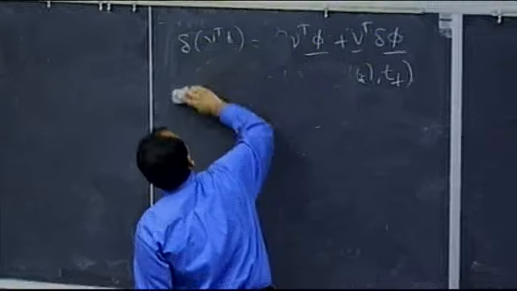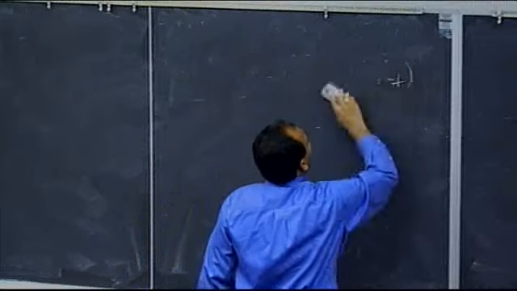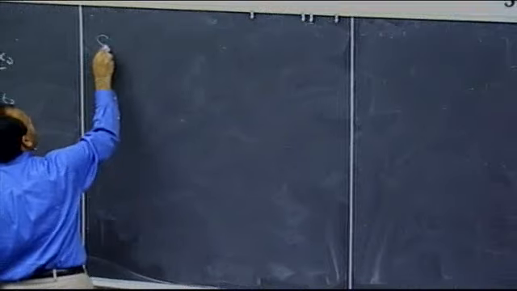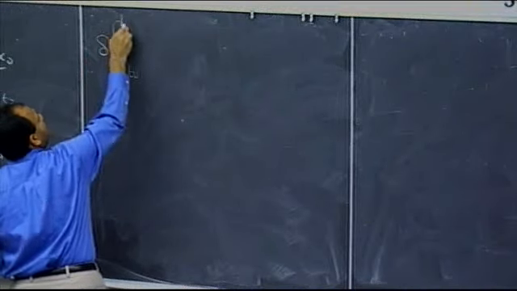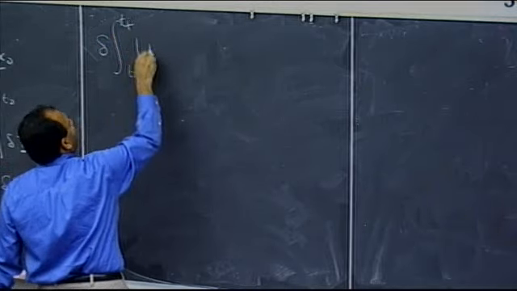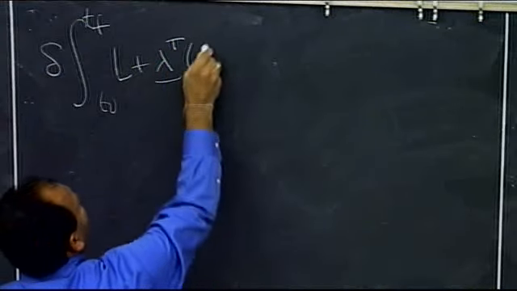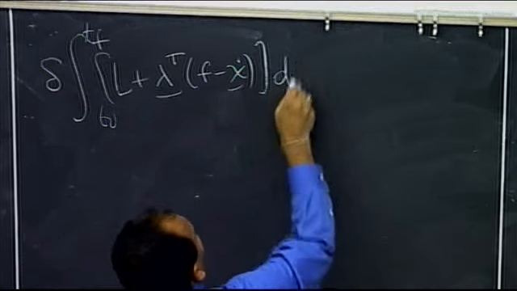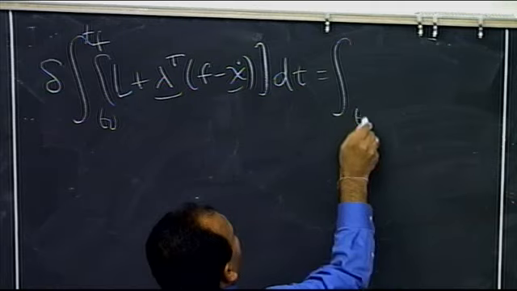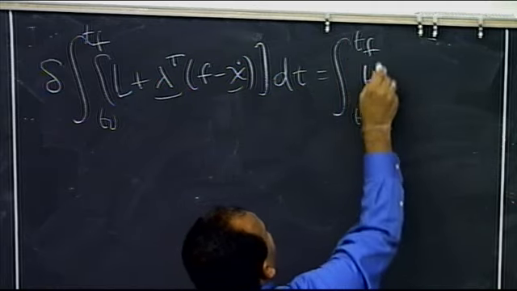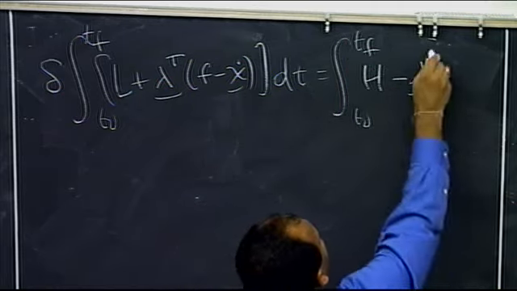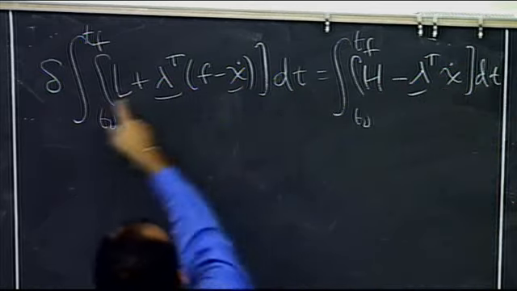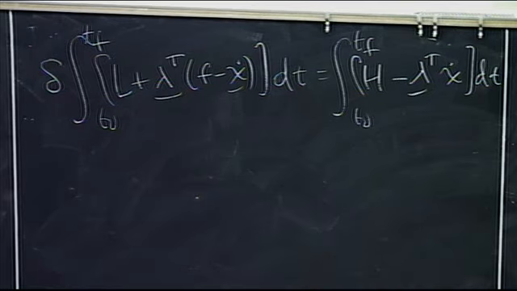So now what I have to do is I have to take the variations in the integral from t0 to tf of L plus lambda transpose f minus x dot dt, which, if you recall, I abbreviated this way, of H minus lambda transpose x dot dt, where I defined the Hamiltonian to be L plus lambda transpose f. I defined that last time.